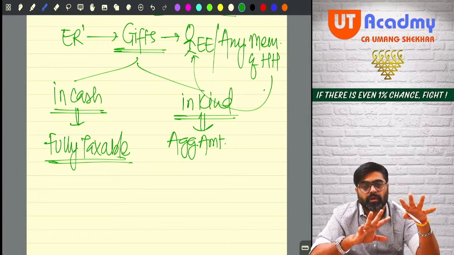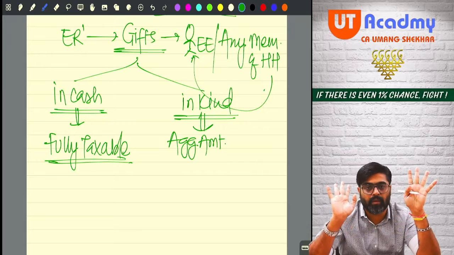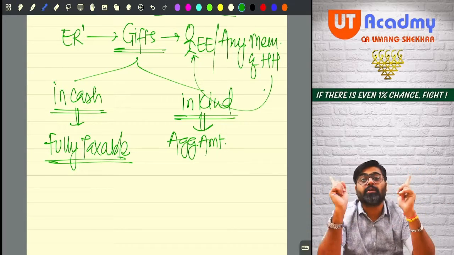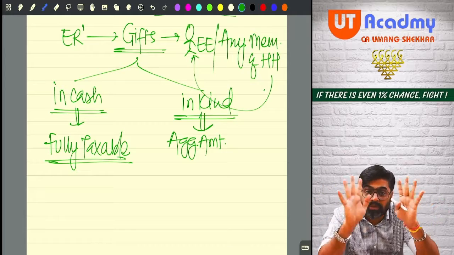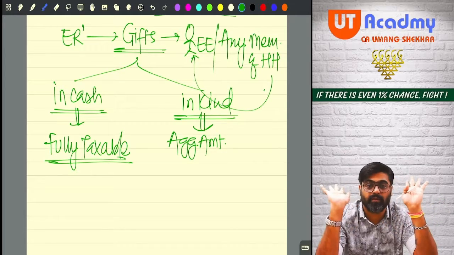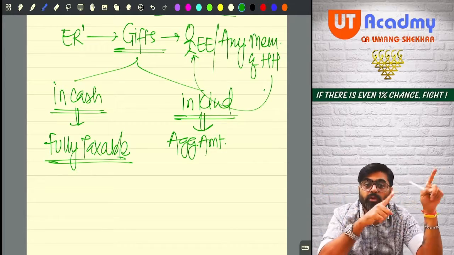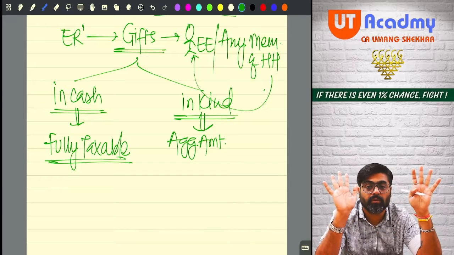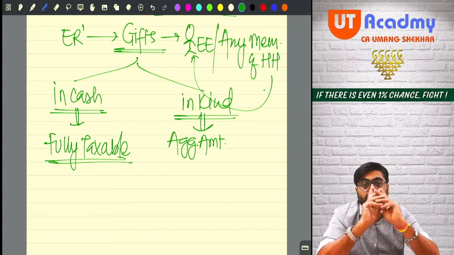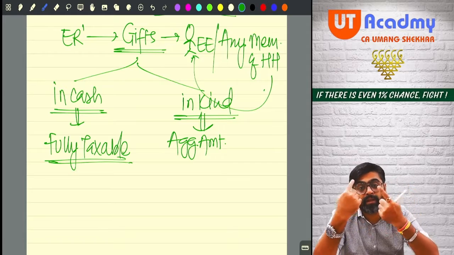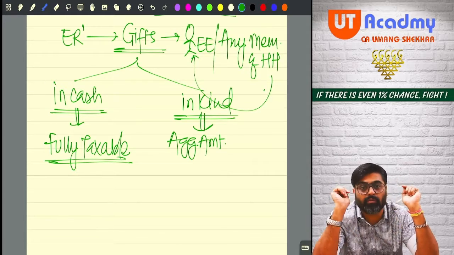Take the total. You have to see how many such gifts are given to the employee and to the household members during the previous year. Take the total of all such gifts, and that aggregate amount you have to see.